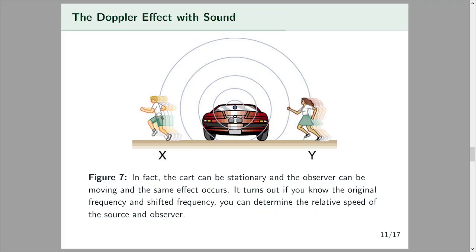So this is the Doppler effect with sound. The pitch you hear is affected by both the motion of the source and the motion of the observer. And we have a lot of experience with this.